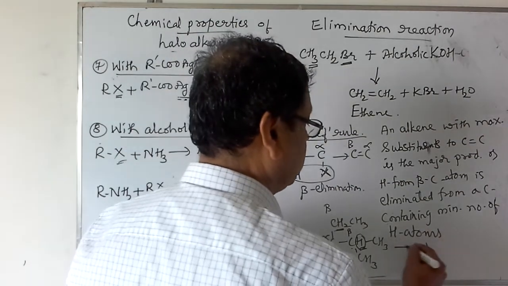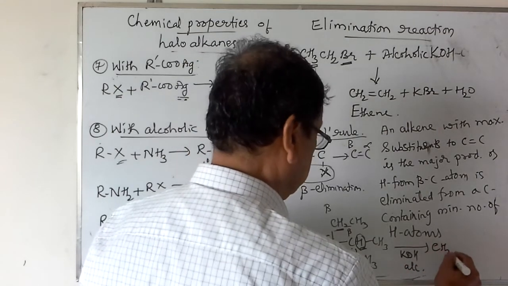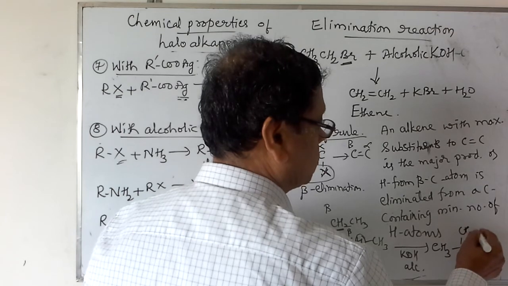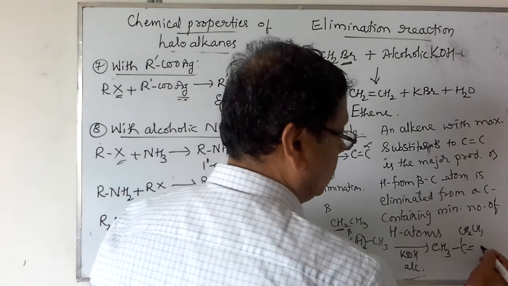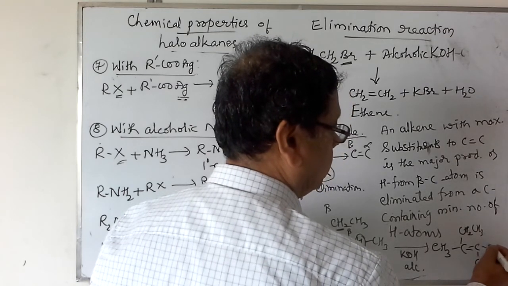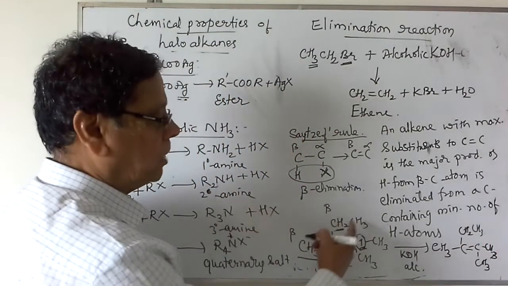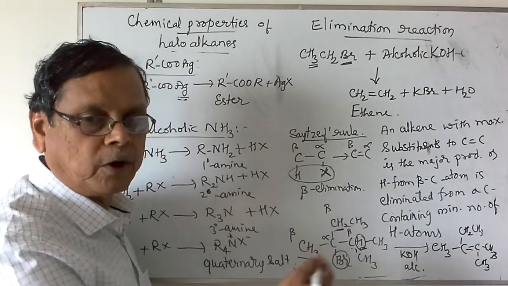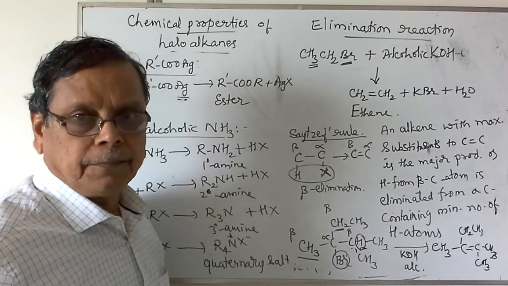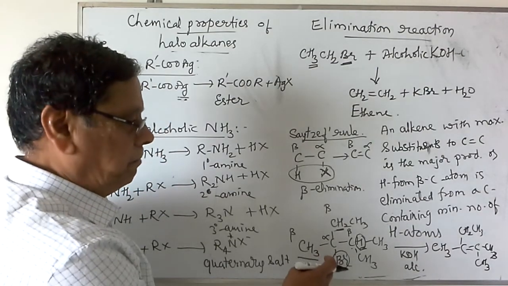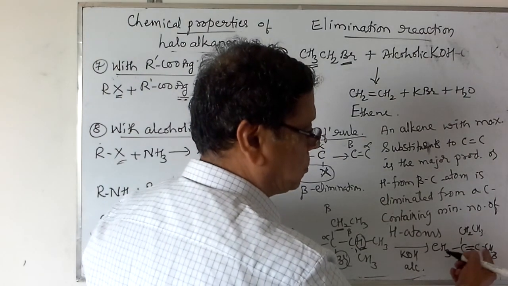So the product in this case with alcoholic KOH is CH3, C, CH2, CH3, double bond, C, CH3, CH3. So this is the major product. The other 2 carbon atoms can also undergo elimination, but the product is very, very less. So beta elimination will take place to give rise to an alkene with maximum substituents on the carbon-carbon double bond.